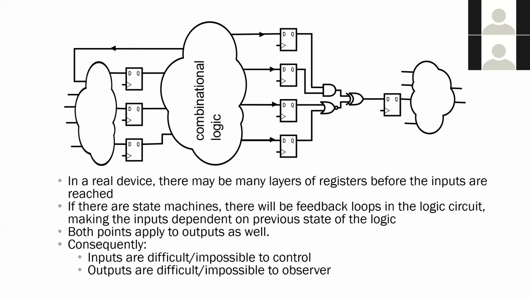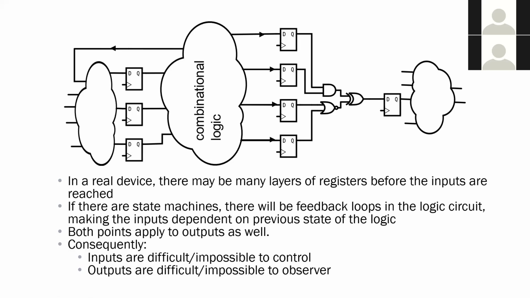But it's important to know that in this structure, you can even have cases where some combinational logic's output cycles back, gets into potentially some other combinational logic, and goes into the input flip-flops of that first combinational logic. And this structure would always be present if you had, for example, finite state machine logic.